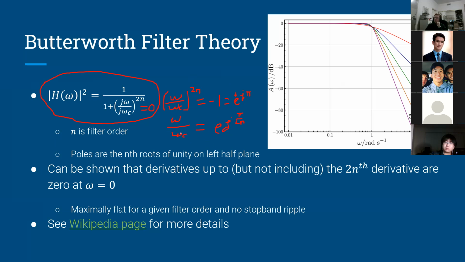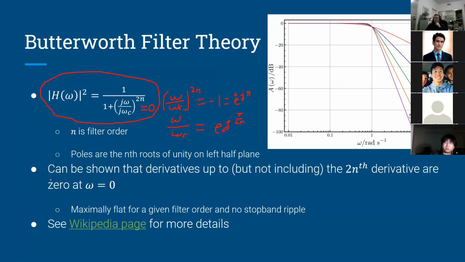What this shows is that if you assume omega c is 1, just to normalize everything, the poles of the Butterworth filter are basically all roots of unity. You take the complex 1, raise it to the power of pi over 2n, and you get all the poles.